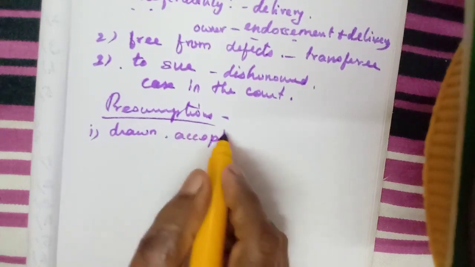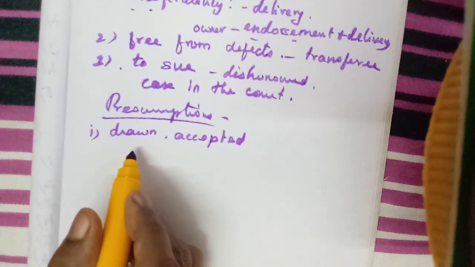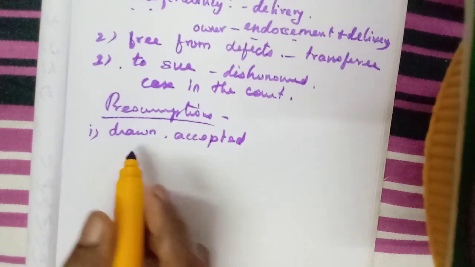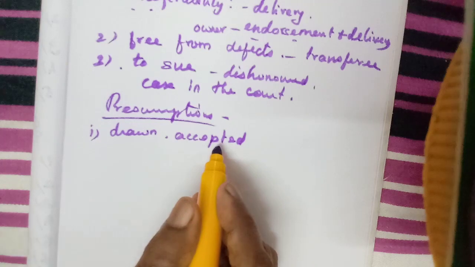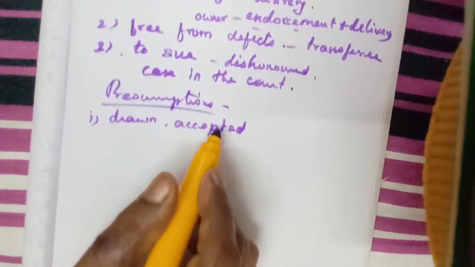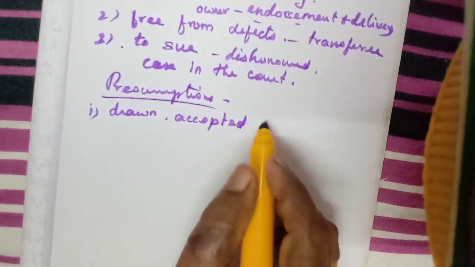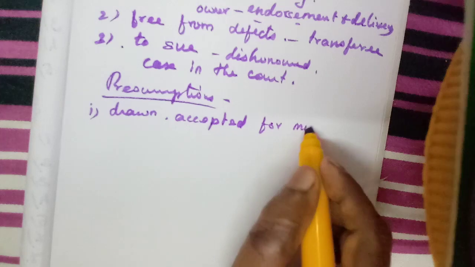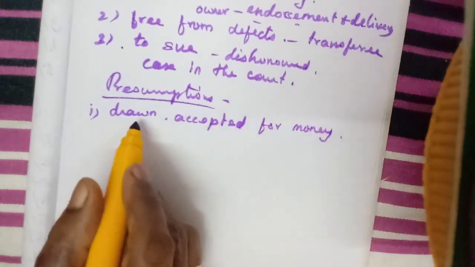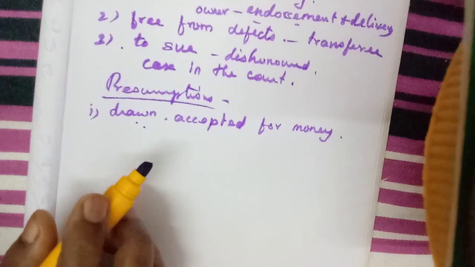Who will draw the negotiable instrument? The seller. There we have studied, the seller will write, and it will be accepted by the buyer. The seller is the creditor, the acceptor is the debtor, isn't it? For the consideration, that means for the money, he is writing, I will give rupees, he has to give rupees, that is the bill of exchange.